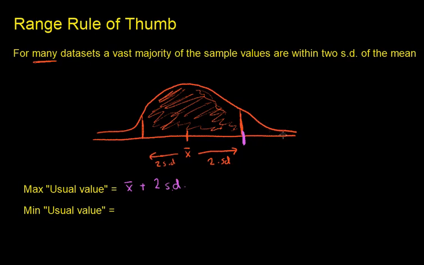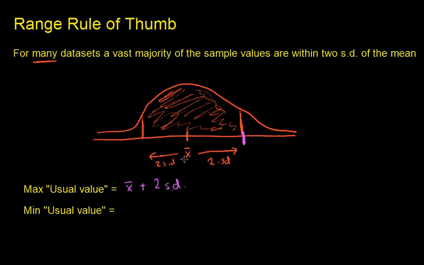There's some probability associated with getting observations much higher than the maximum usual value. However, they're just uncommon. The probability of observing values in the tail of the distribution is rather small.